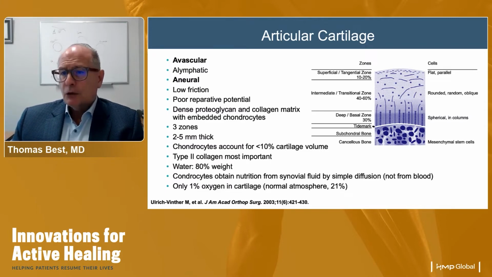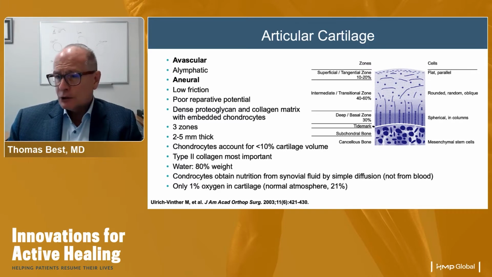And as we all know, articular cartilage, interestingly, is an avascular structure, so it has poor to little no blood supply. It's an aneural structure. In other words, it does not have a nerve supply. It's an alymphatic tissue as well. As a result of those factors, we know that articular cartilage has poor reparative potential.